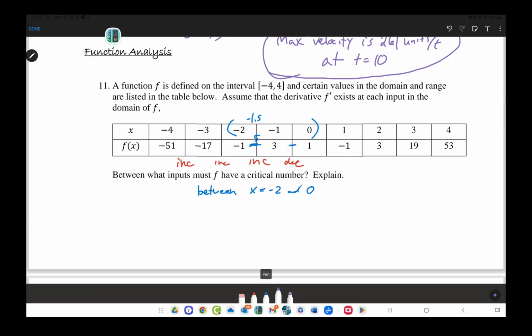All right. So now we're decreasing, and from negative 1 to 3, what? We're increasing. Again, I don't know if I went down to negative 2 here and then started increasing. So I'm going to go from negative 1 to 1.